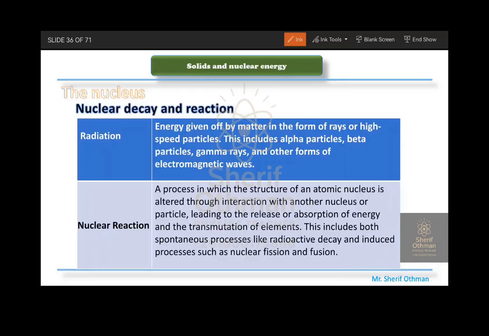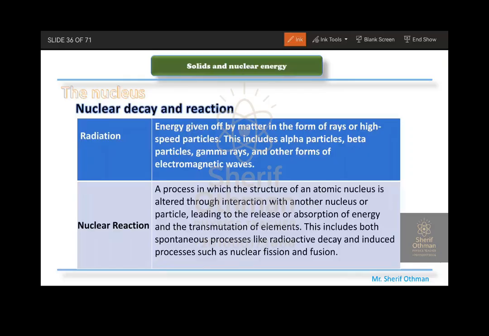Radioactive material is the material which is doing the decay itself. Decay is the process. Radiation is the product of decay, of radioactivity. It is energy given off by matter in the form of rays or high-speed particles. This includes alpha particles, beta particles, gamma rays, and other forms of electromagnetic waves.